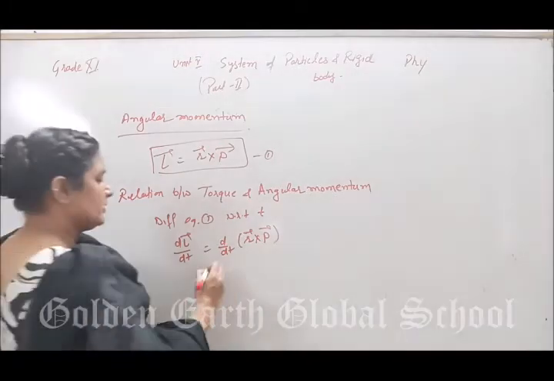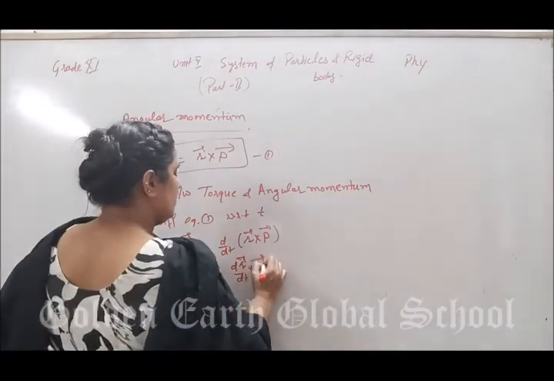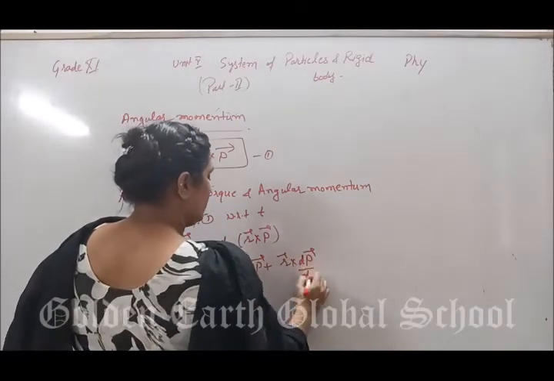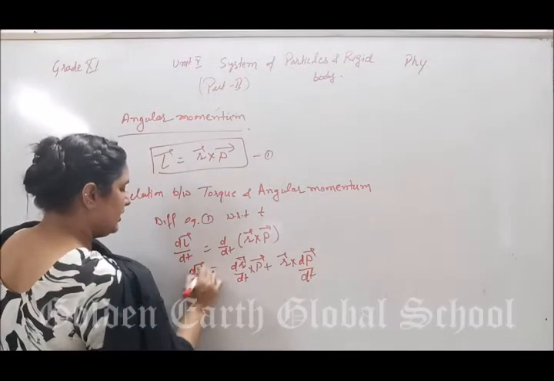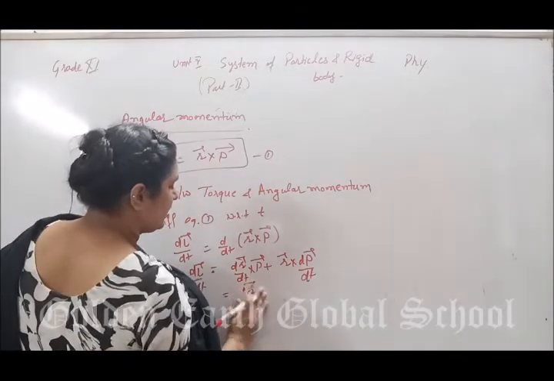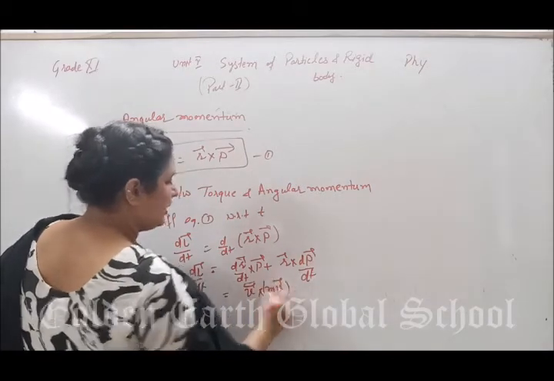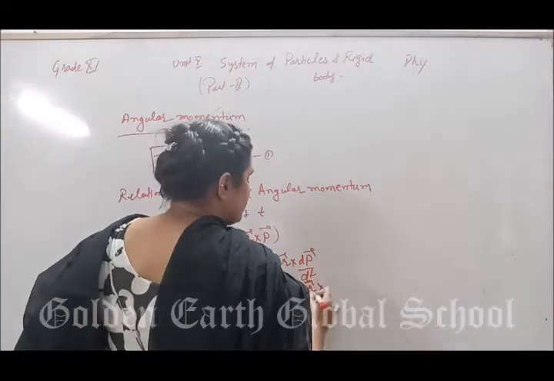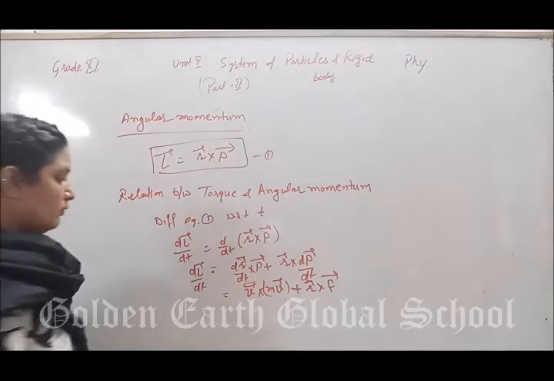Now open the differentiation: dr by dt cross P plus R cross dP by dt. So dL by dt on the left hand side; on the right hand side, dr by dt can be written as the velocity v and p can be written as m into v, plus R cross dP by dt, which is the force according to Newton's second law of motion.